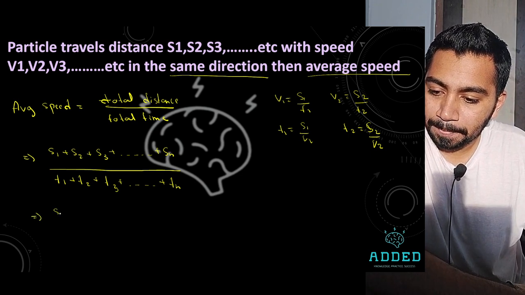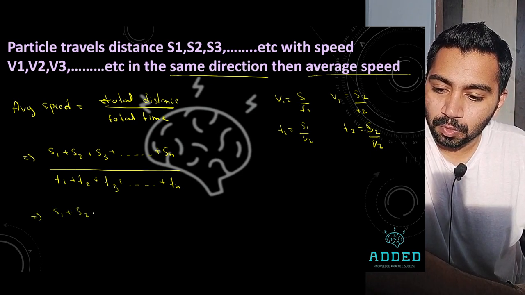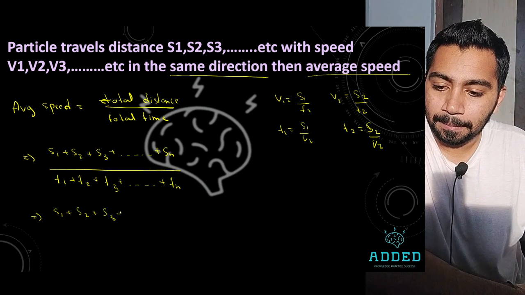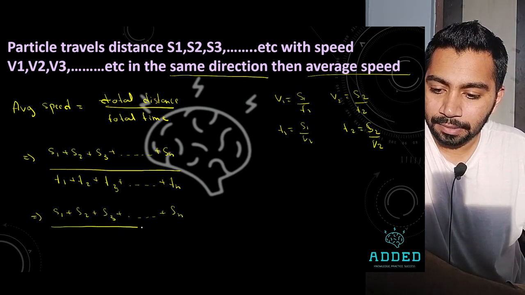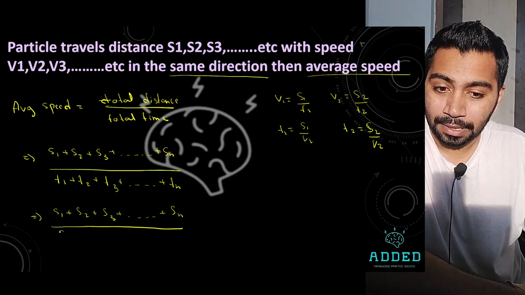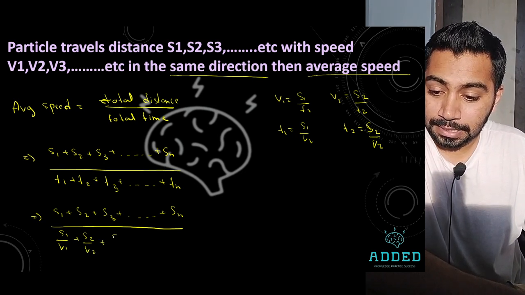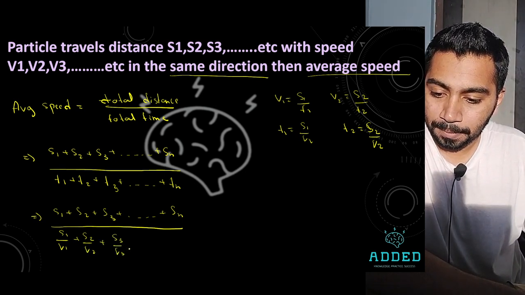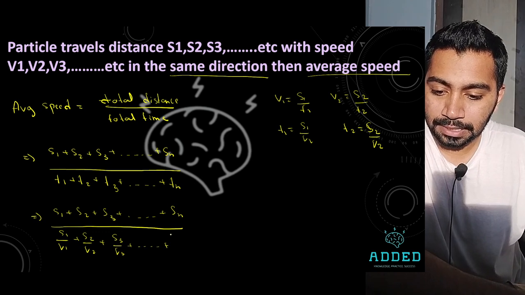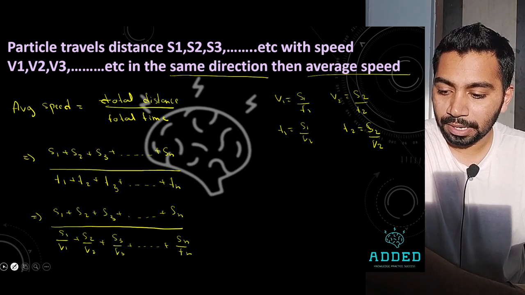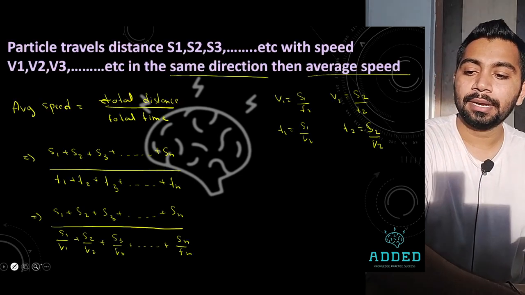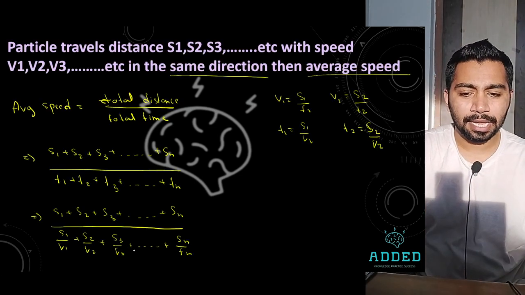Average velocity is s1 plus s2 plus s3 up to sn, divided by s1 by v1 plus s2 by v2 plus s3 by v3 up to sn by vn. Right? Super right. This is clear.